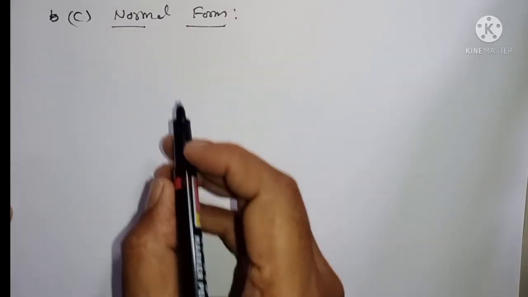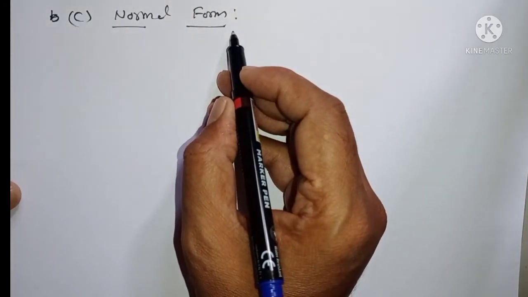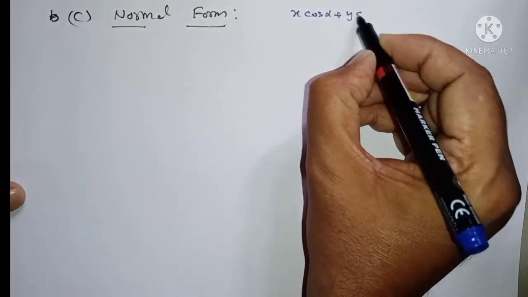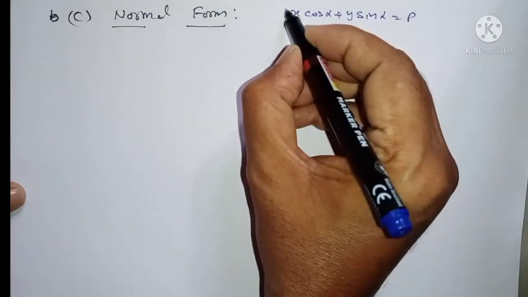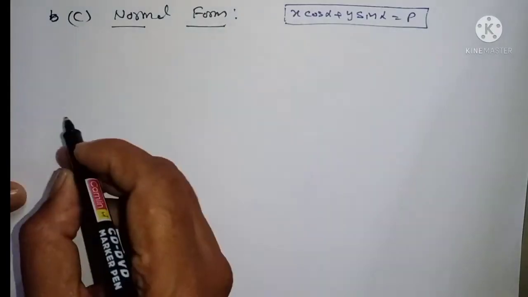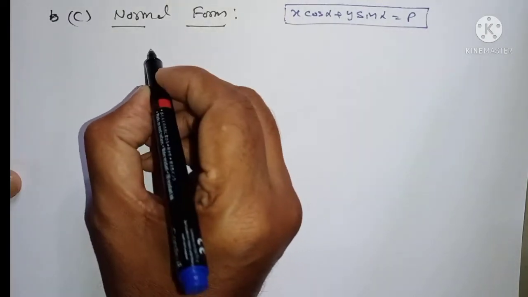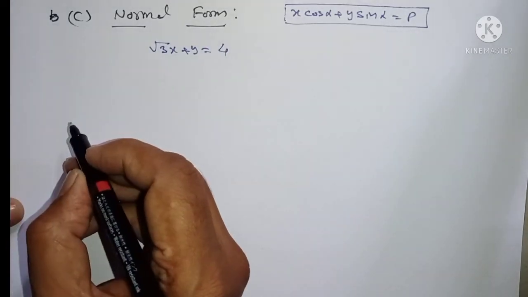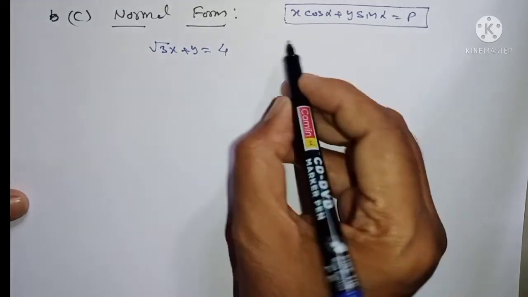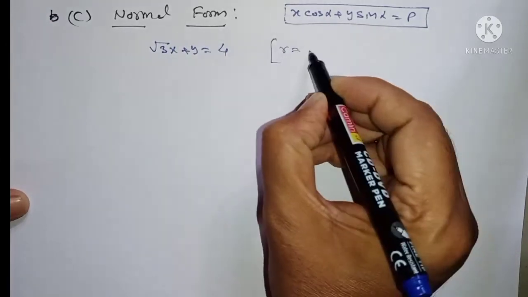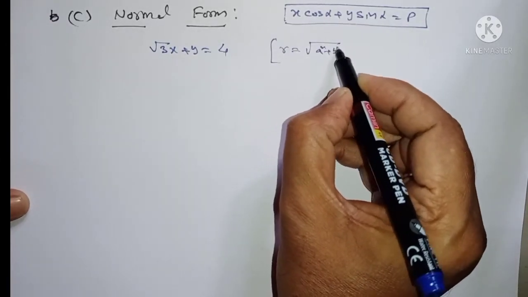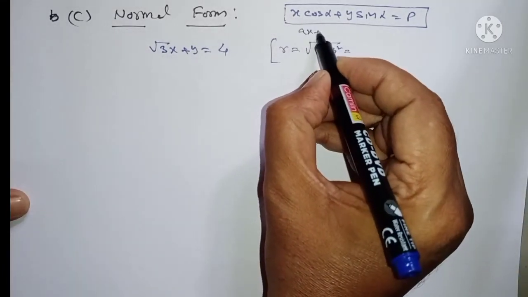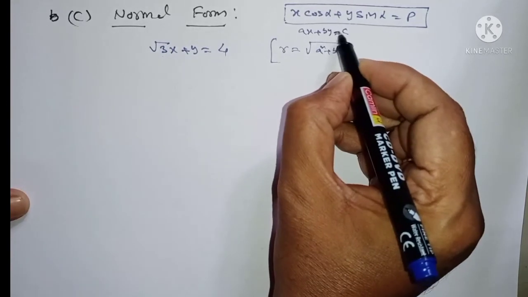Normal form. What is the normal form? The formula is x cos alpha plus y sin alpha is equal to p only. This is called your normal form. The given equation is root 3x plus y is equal to 4. In this case, you can find the r value. How can you find the r value? It is under root of a square plus b square, for the equation ax plus by plus c is equal to 0.